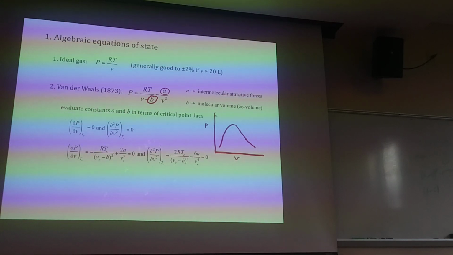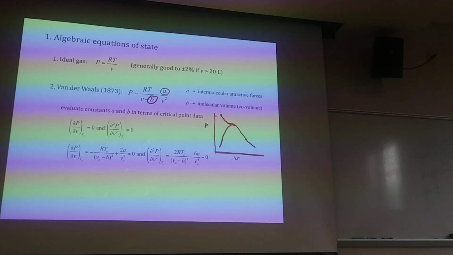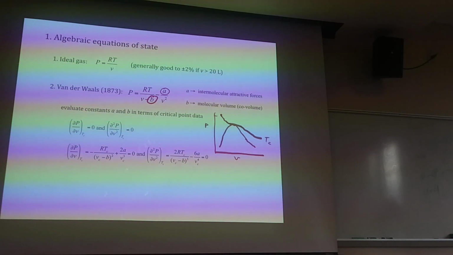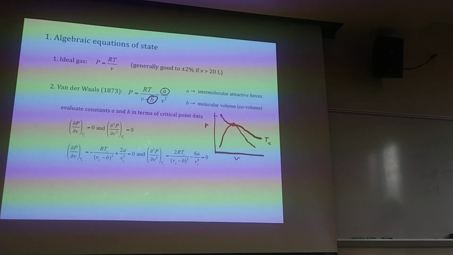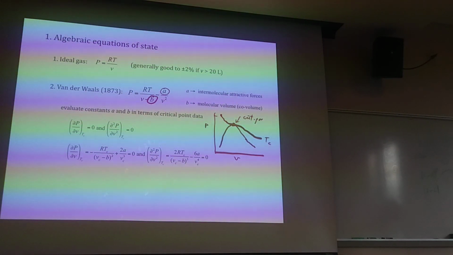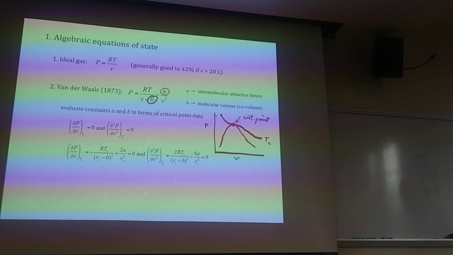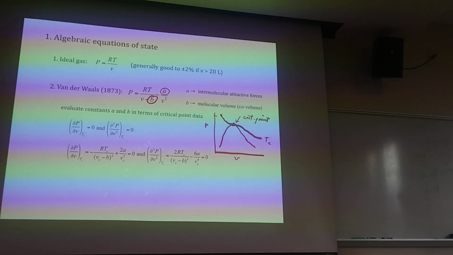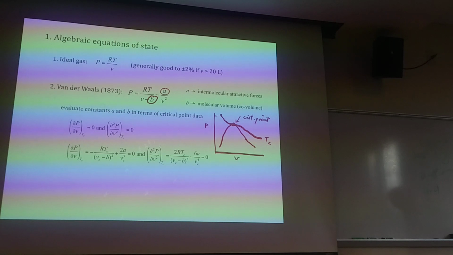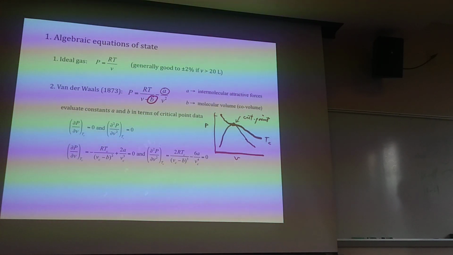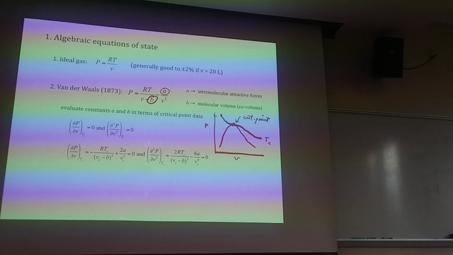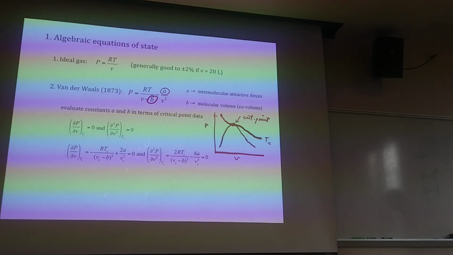There's the two-phase envelope, and the critical temperature isotherm looks like this, and where it passes through the critical point, it undergoes a mathematical point of inflection, which means that both the first and second pressure derivatives with respect to volume at that point are zero. So that's two equations, so that should suffice for us to evaluate two unknowns. In this case, those unknowns are A and B.